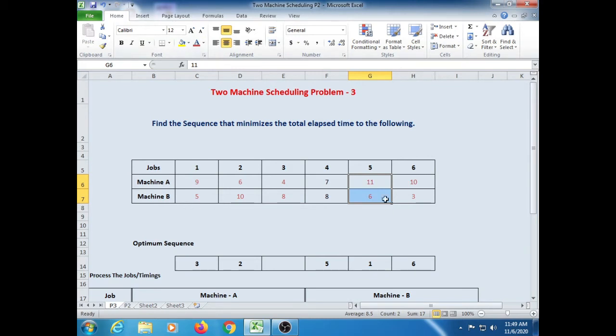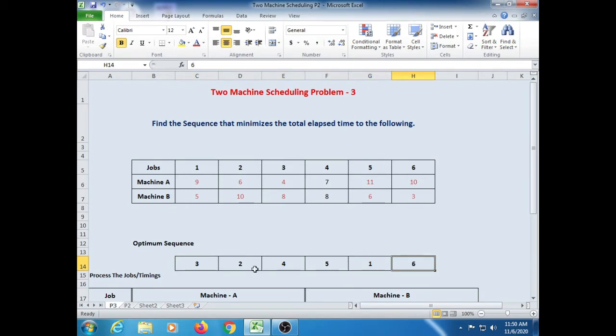Only one job is left, so we place it in the optimum sequence directly. No problem, we are just placing the jobs and finding the optimum sequence for all the jobs. So this is the optimum sequence we have found.